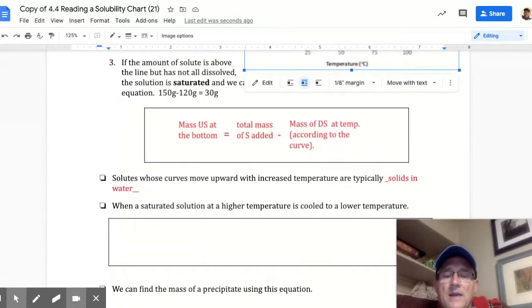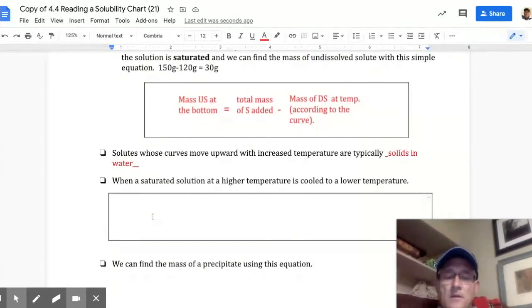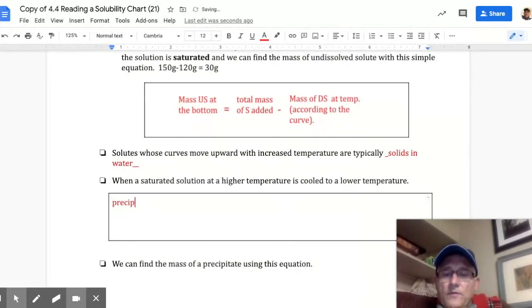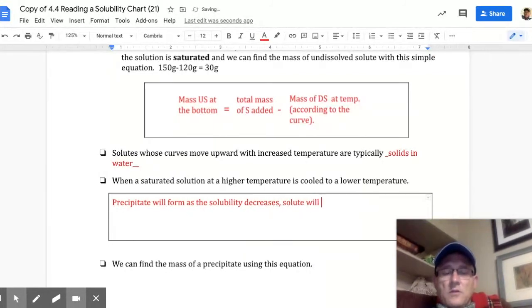And so what will happen is the precipitate will form as the solubility decreases. Solute will undissolve or crystallize out of solution.